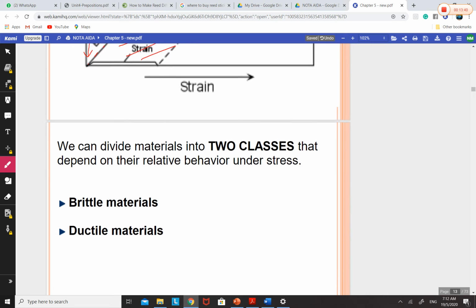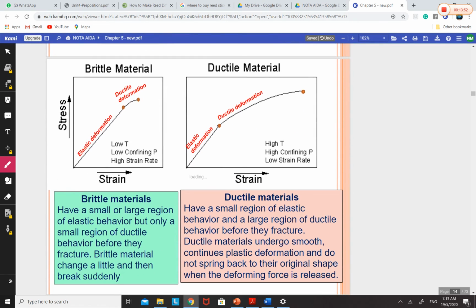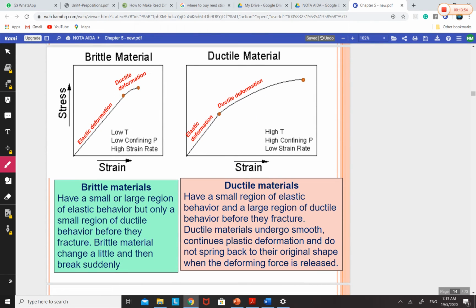Okay, so actually we can divide materials into 2 classes. We call one a brittle material, and we have another one, the ductile material. Brittle material actually, sorry, has a large region of elastic behavior. So the elastic behavior part is quite large compared with the ductile deformation.